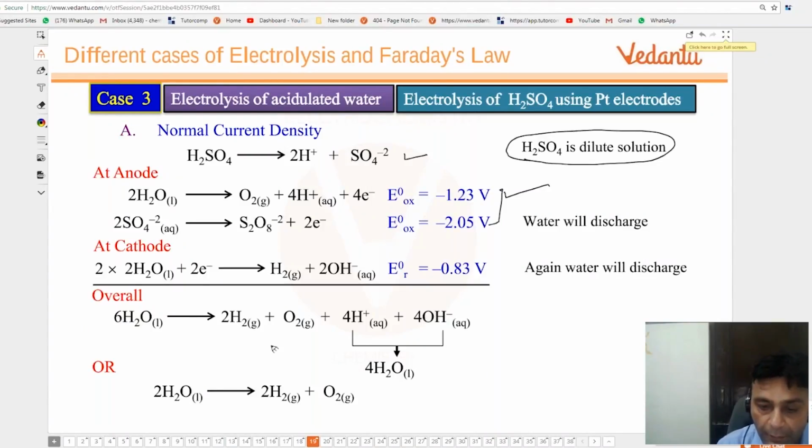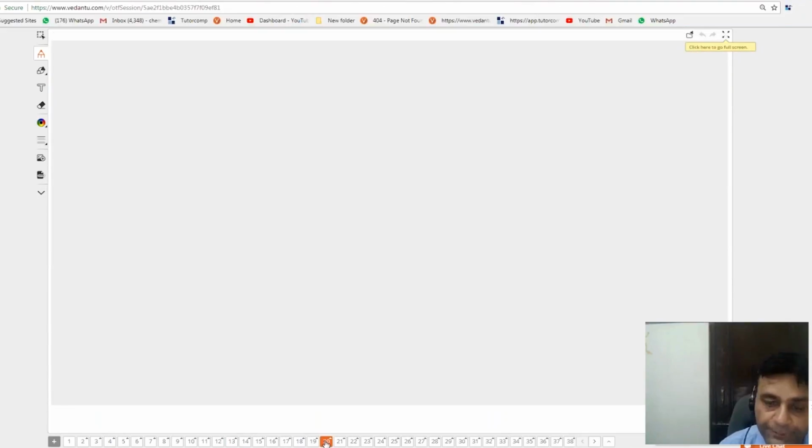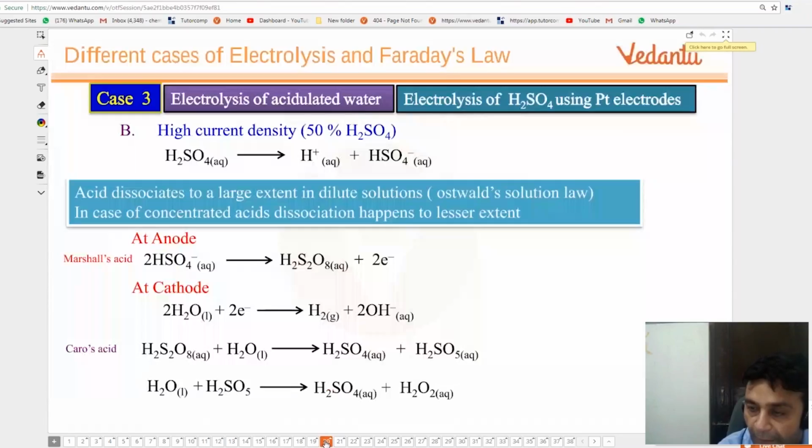Right. But in case I am using a high current density, it means the sulfuric acid is 50% H2SO4. In case it is concentrated, it does not undergo complete dissociation. This is the structure of the sulfuric acid, H2SO4. In case it is concentrated, only this is dissociated, not all.